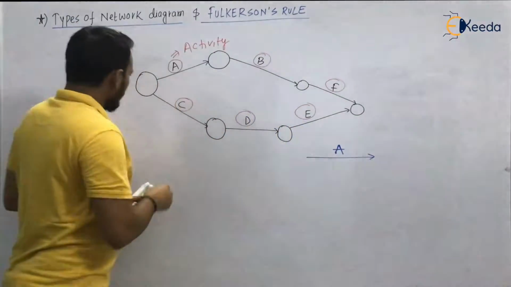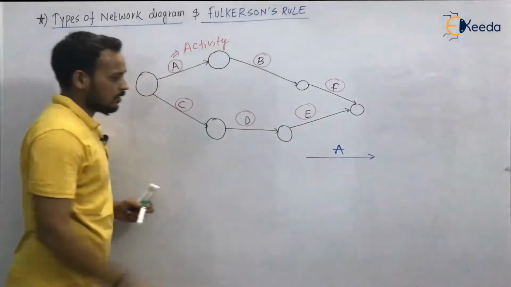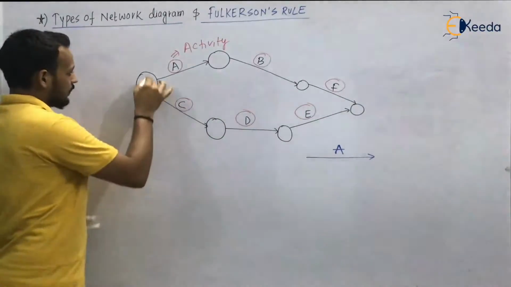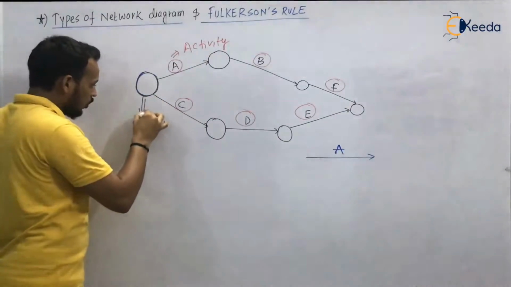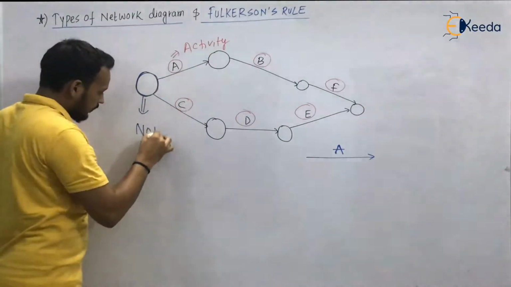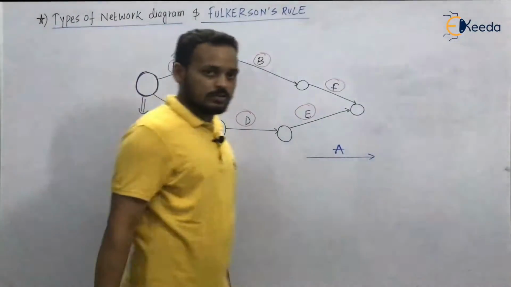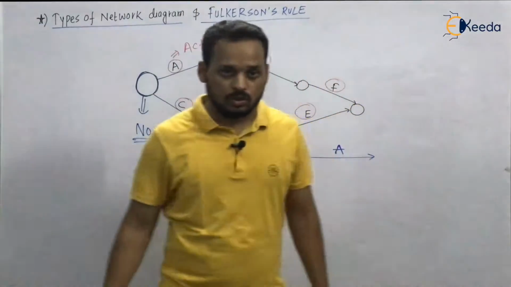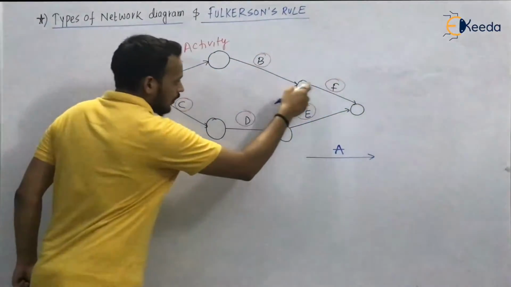And look at the different black color circles. These empty circles are known as nodes. You also have to number the nodes.